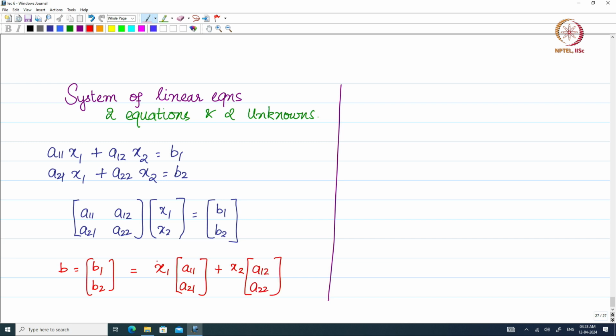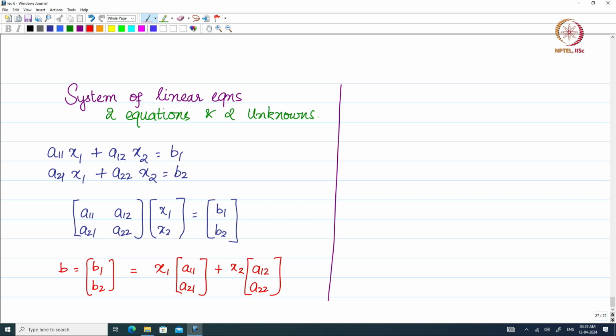We see that the right hand side vector b is a linear combination of the column vectors of the matrix A. That means we are looking at the column perspective of this given matrix, right.